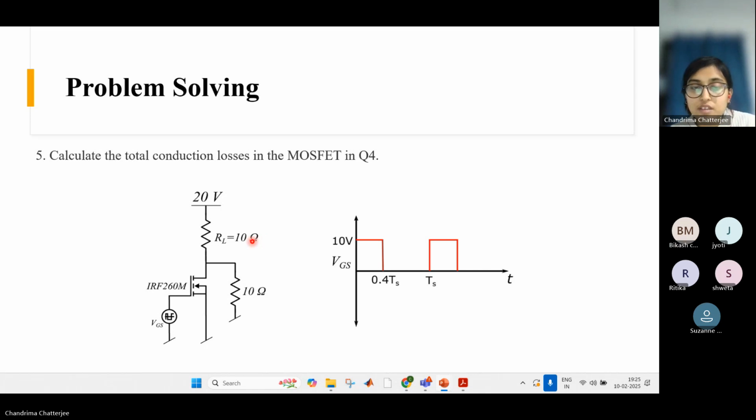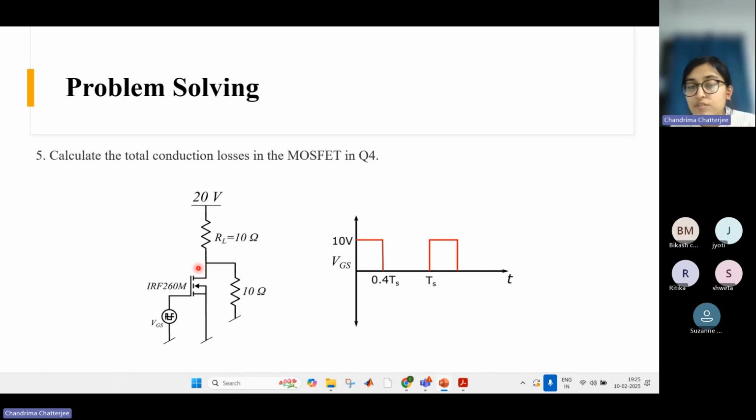Yes ma'am. Okay. So while calculating the conduction loss in a device, we need two parameters. First one is the RMS current. The second one is the device resistance during on condition. So for MOSFET, there is a parameter called RDS on.